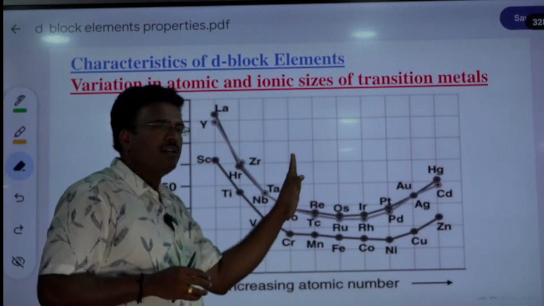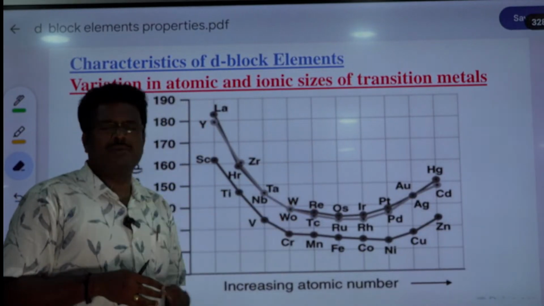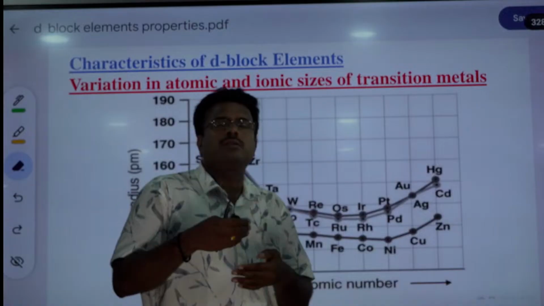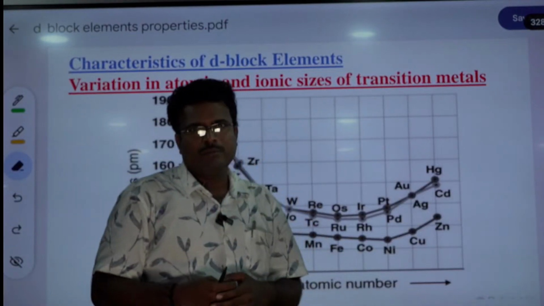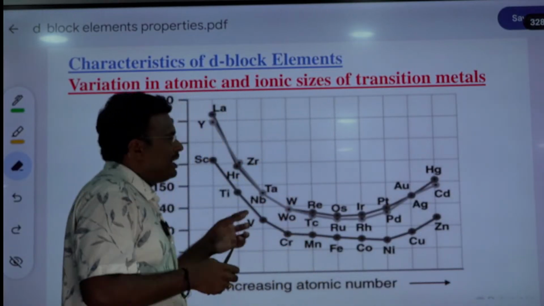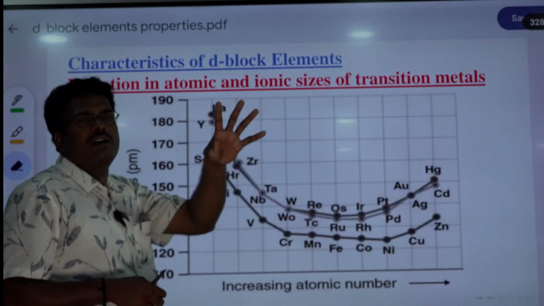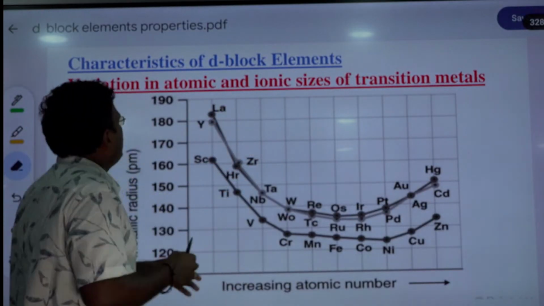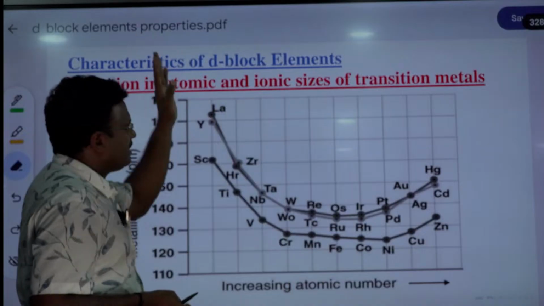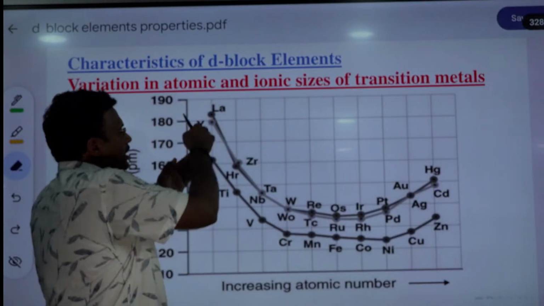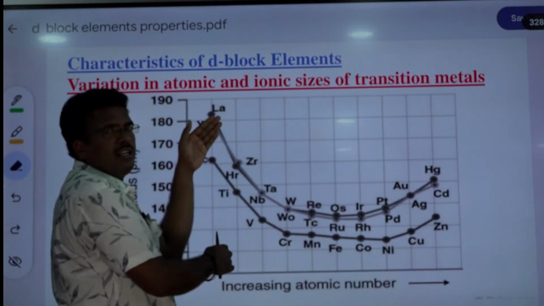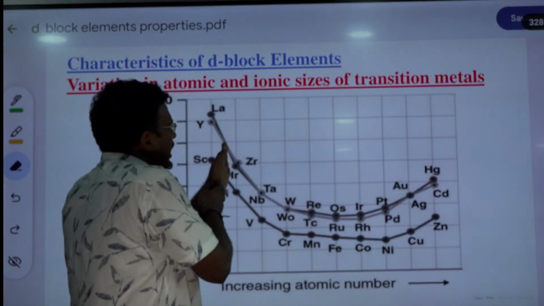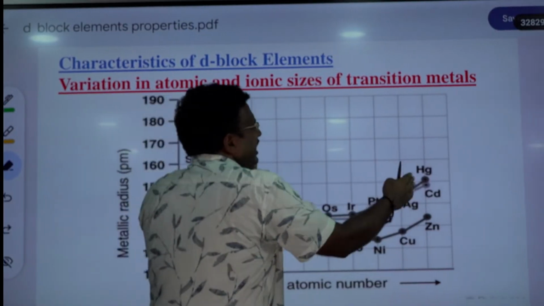In a period, left to right, it decreases because electrons enter the same shell. The distance between the nucleus and the outermost shell of electrons is called the atomic radius, right? So here, atomic radius and ionic size: in a group, top to bottom ionic radius increases, and in a period, left to right it decreases.